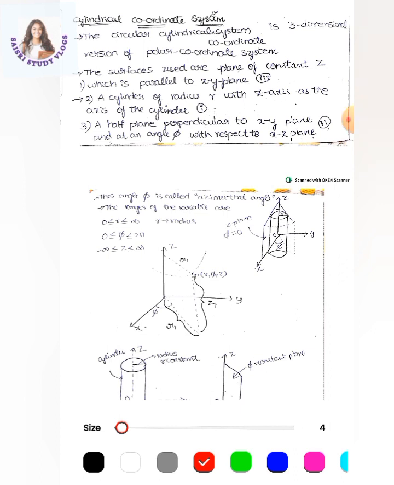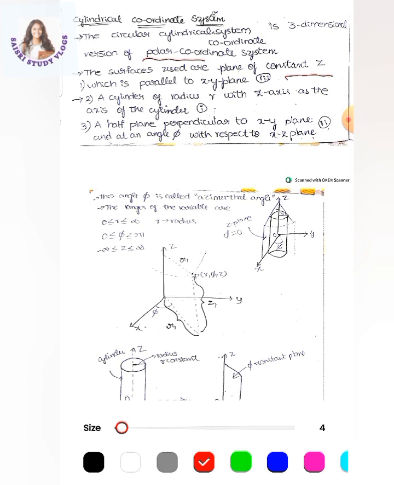The circular cylindrical coordinate system is a three-dimensional version of the polar coordinate system. Here we have three diagrams; let us understand them. The first represents the surface used: a plane of constant z, which is parallel to the xy plane.